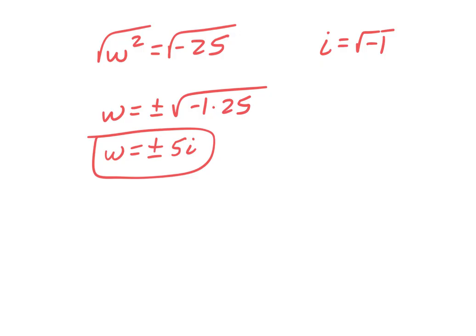And that would be our answer. So i's will always come up if we ever have a negative under the radical. We haven't seen that since last year when we were in Algebra 2, so it's been a little while. We haven't talked about them at all this year.